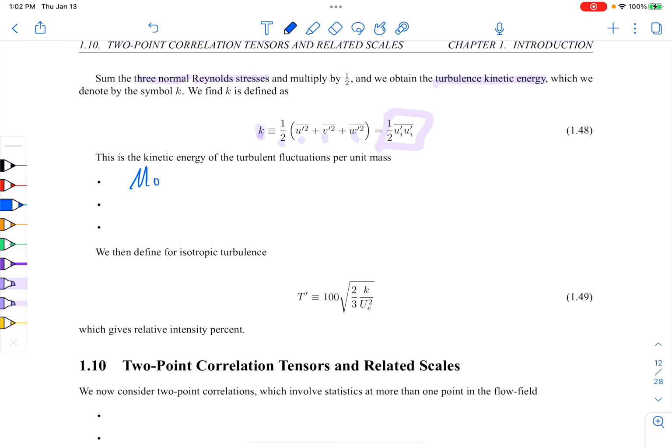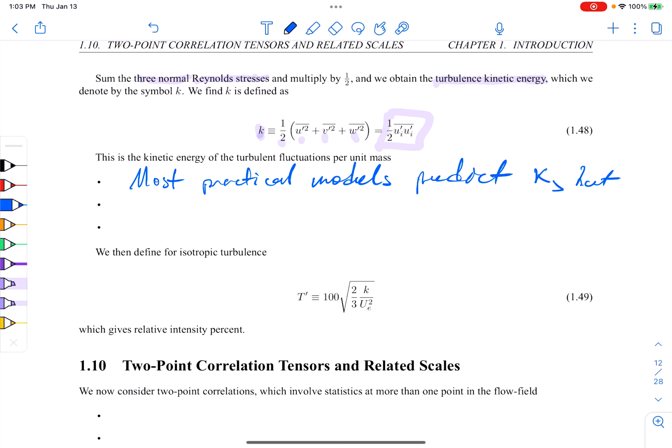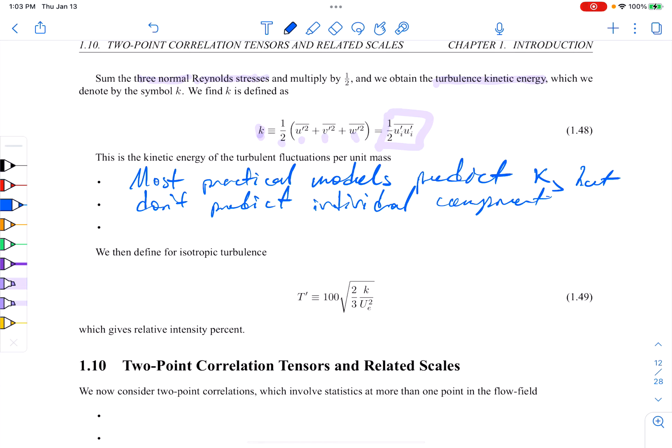So most practical models predict K, but don't predict individual components. And that's okay.